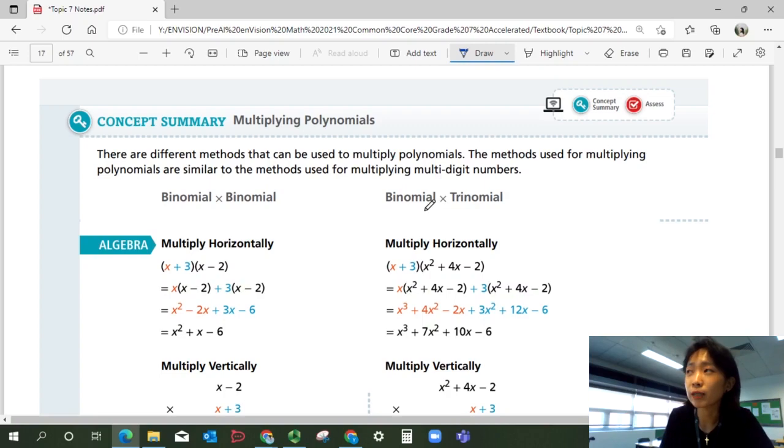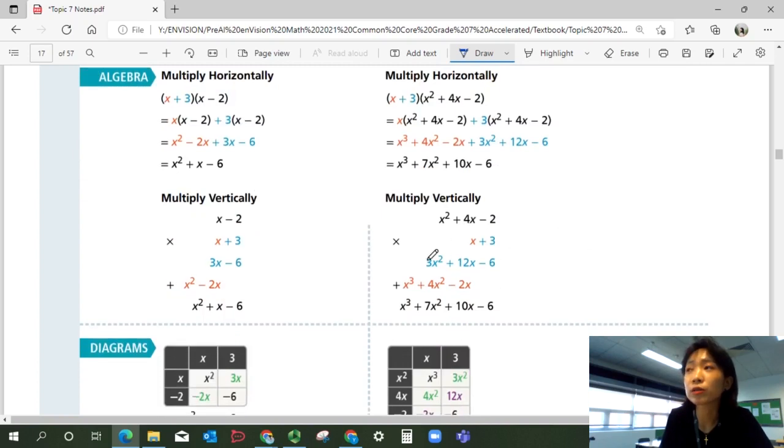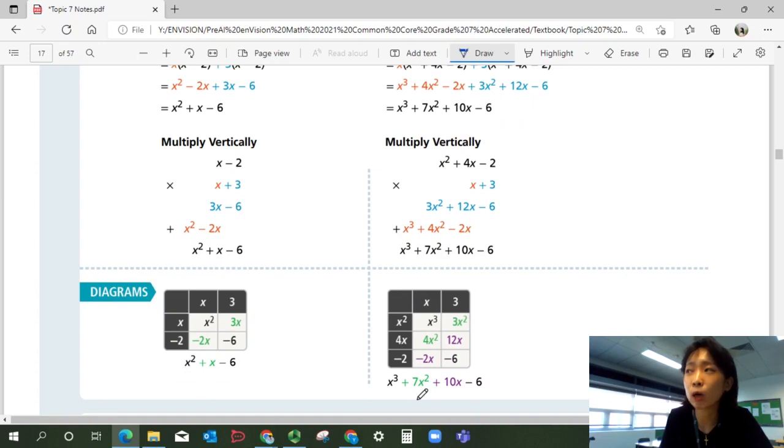When you're multiplying binomial by trinomial, you also use the distributive property to multiply your terms of the first binomial to each of the terms in the trinomial, okay? And then you add the like terms, combine them, and you write them in standard form. Vertically, you're doing the same thing except you're solving it vertically. The diagrams may help you picture it in your mind.